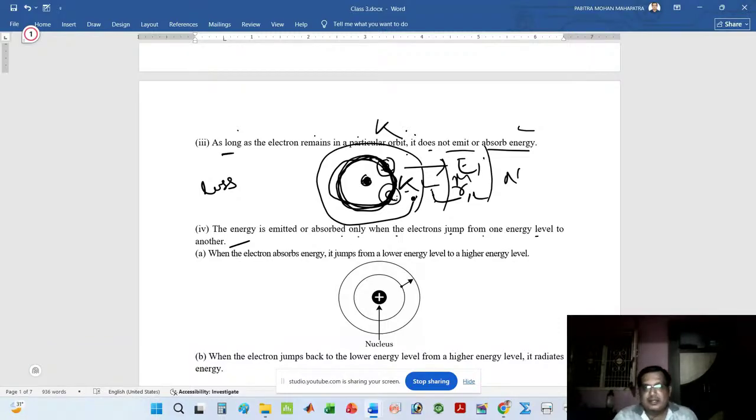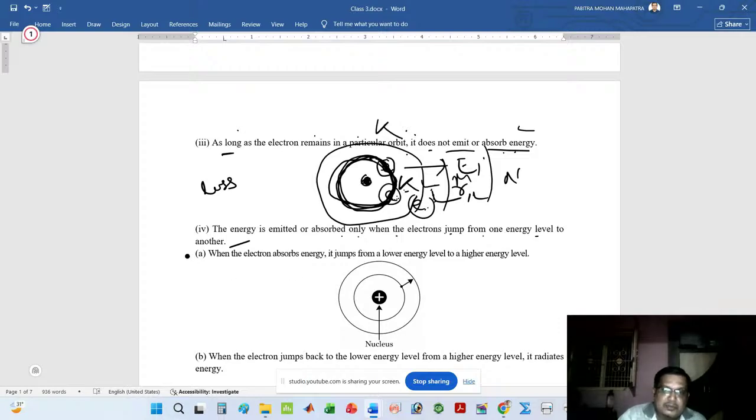It is highly necessary for the electron to absorb energy. When the electron absorbs energy, it jumps from a lower to a higher energy level. If an electron jumps from the L cell to the K cell, then it must decrease its energy, and the energy is emitted from the system to the outside. As a result, it will return to the K cell.